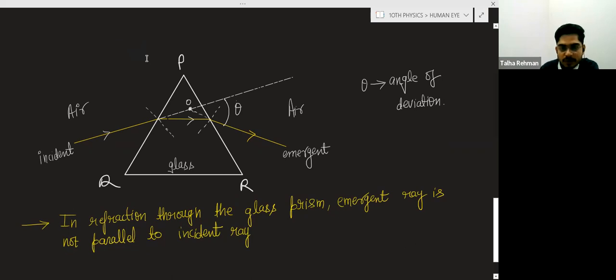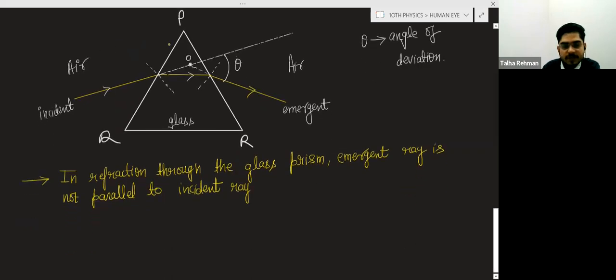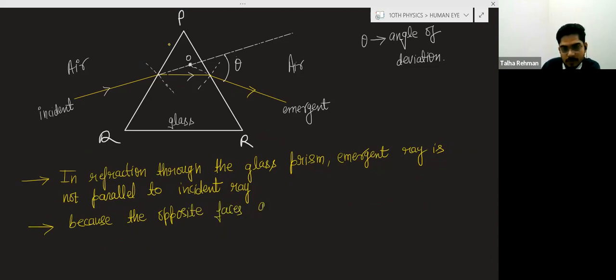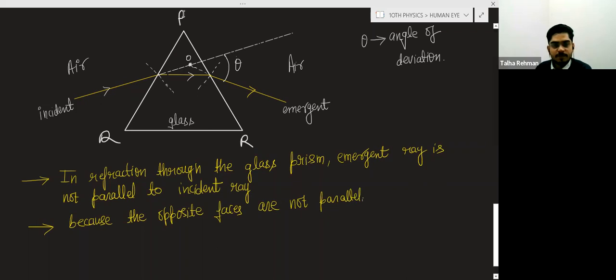Why? Because the opposite faces are not parallel. You can see here the faces PQ and QR are not parallel. That is why the incident ray and emergent ray are not parallel.